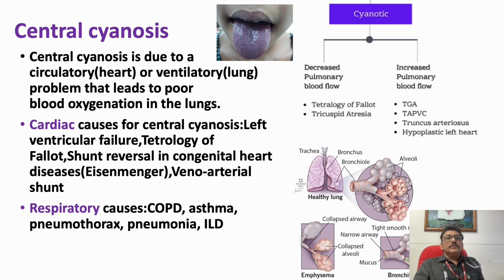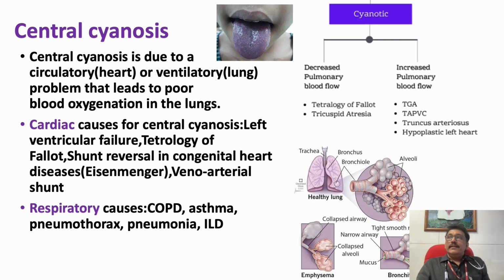Central cyanosis is due to a circulatory or ventilatory defect. It can be a defect in the heart, where pumping is defective, so there will be increased pressure in the pulmonary circulation. The patient can have pulmonary edema and oxygenation will be reduced.